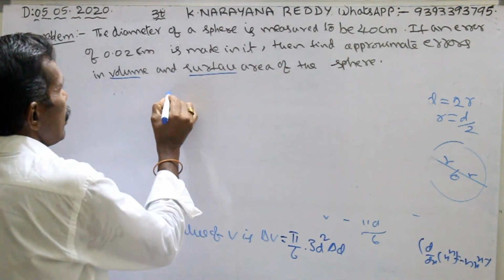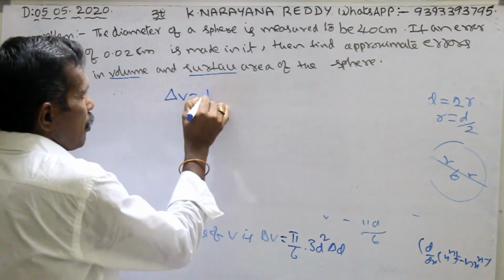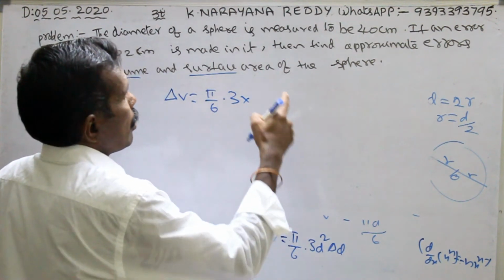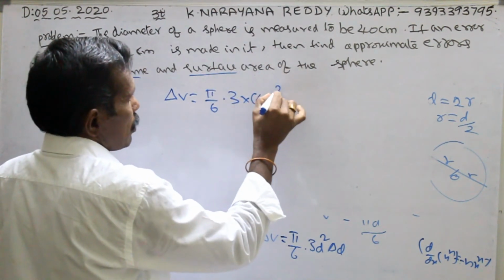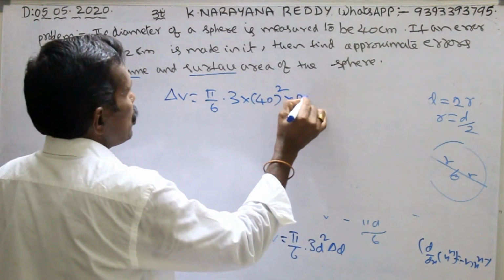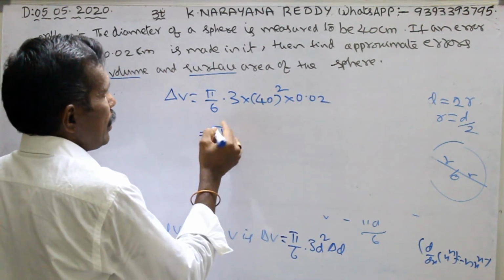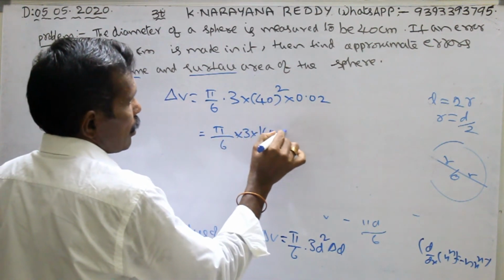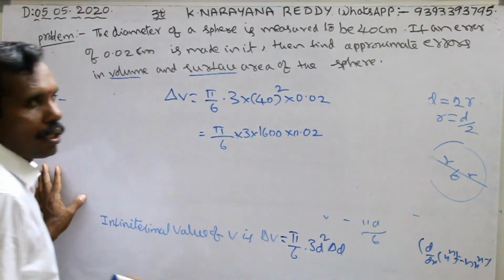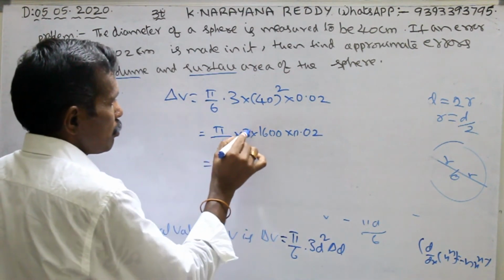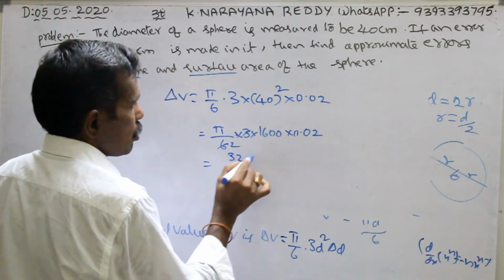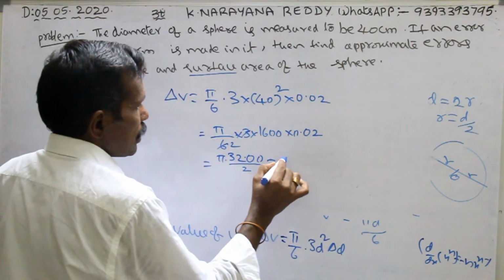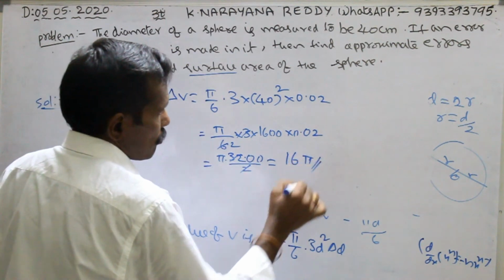Here del V equals pi by 6 into 3 d square del d. What is d square? Diameter 40 square into del d, 0.02. Now pi by 6 into 3 into 1600 into 0.02. That gives 16 pi.